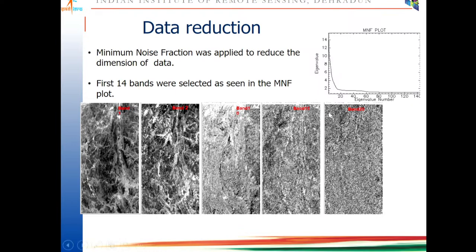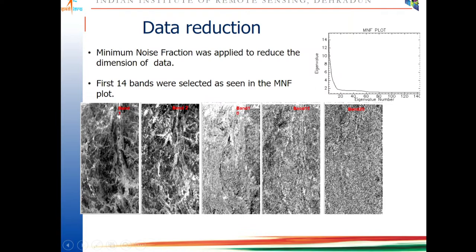So in this, the number of bands was around 200 or so. Initially 14 bands were chosen, and you can see over here, just by looking at the data set, it has some information, and this information content is gradually decreasing and noise is increasing.